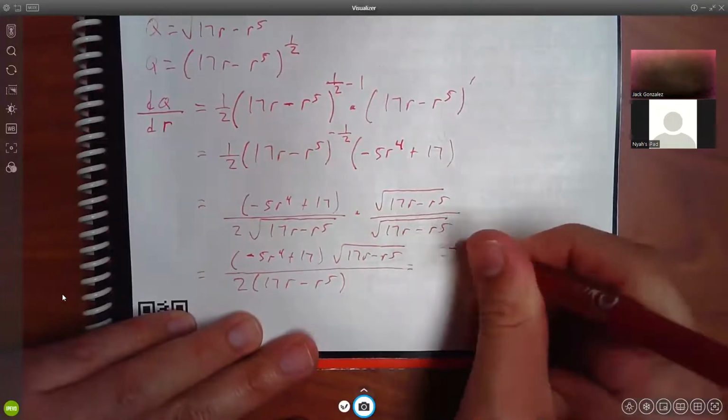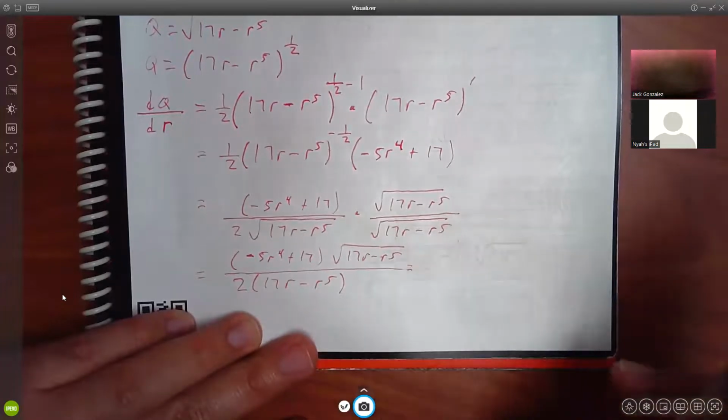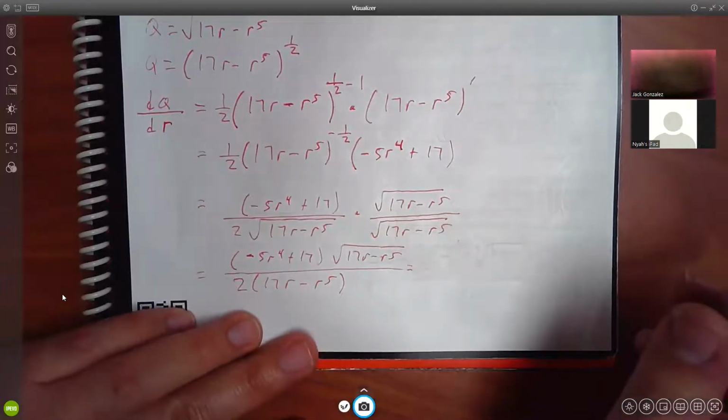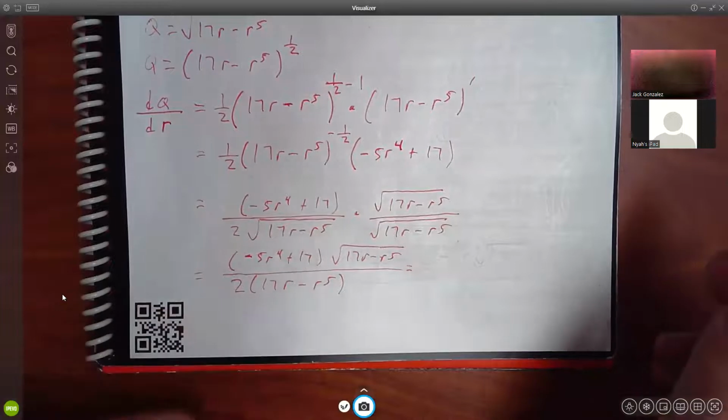Sir, this might be a stupid question. What's up? Will the calculator actually do that? Like you type that whole top part into the calculator, aside from the R parts. Would it actually do it correctly? Unless you have a fancy calculator.